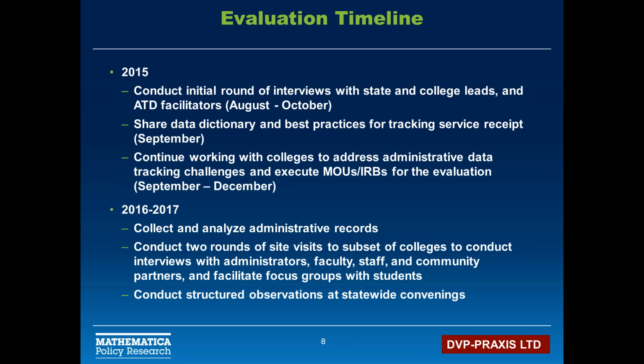Some states are a little further ahead in their requests for unemployment insurance records and public benefits information, and we also appreciate that California has some limitations on the student level unemployment insurance data that they're able to collect, and that is that they can't collect it from the state.